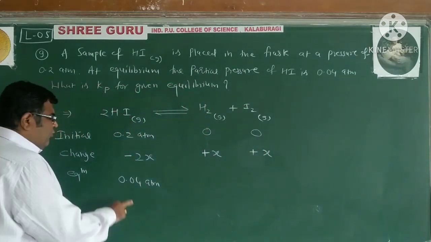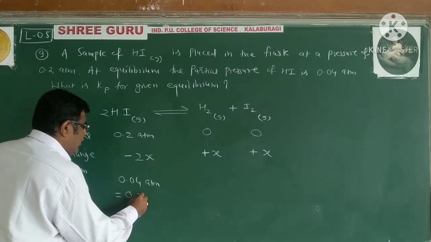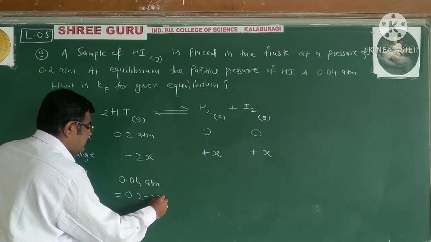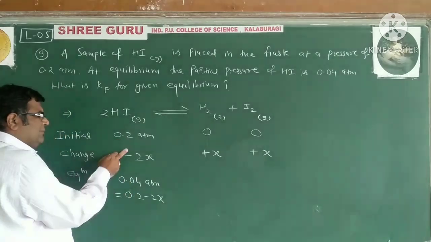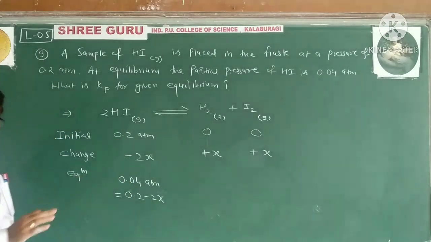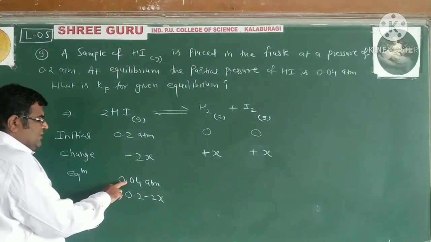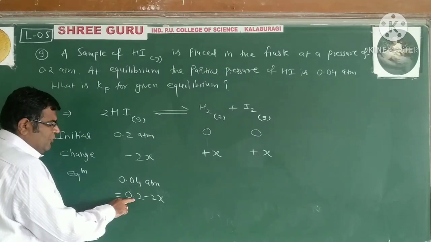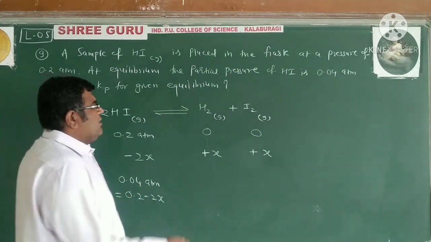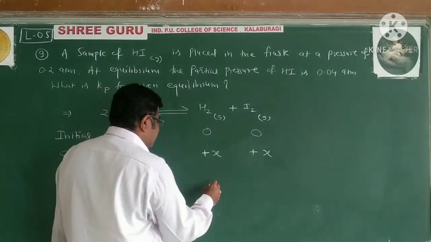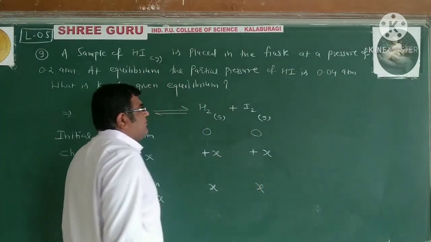So this 0.04 atm is nothing but 0.2 minus 2x, because initially it was 0.2 atm and 2x disappeared from that amount. The pressure of hydrogen at equilibrium is x, and iodine is also x.